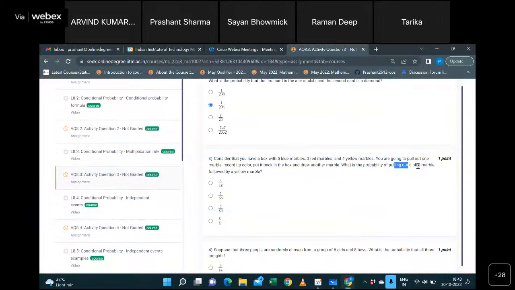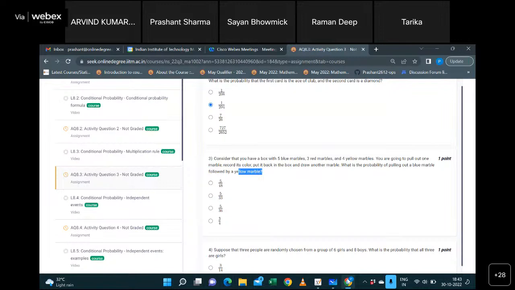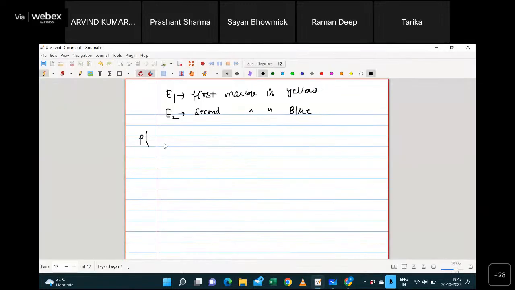What is the question? Pulling out a blue marble followed by a yellow marble. Okay, that means the yellow marble should be drawn first. So I can define my event E1 as the first marble is yellow, right? And E2 as the second marble is blue, correct? Then the probability of pulling out a blue marble followed by a yellow marble means E1 and E2.